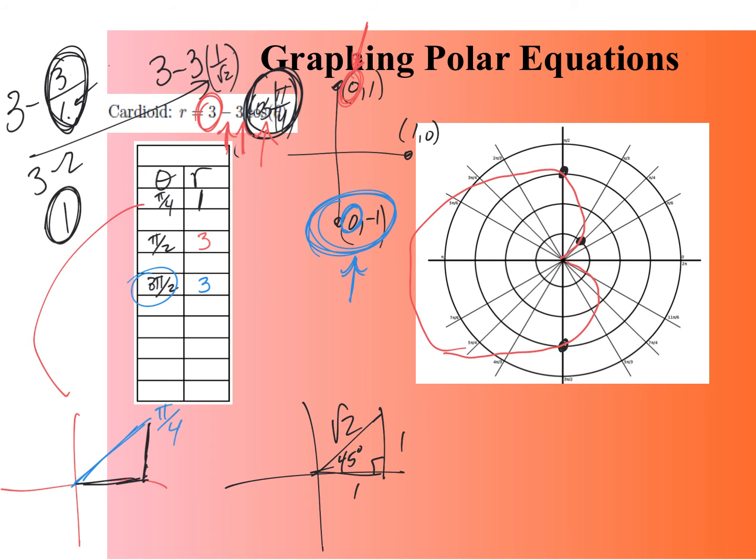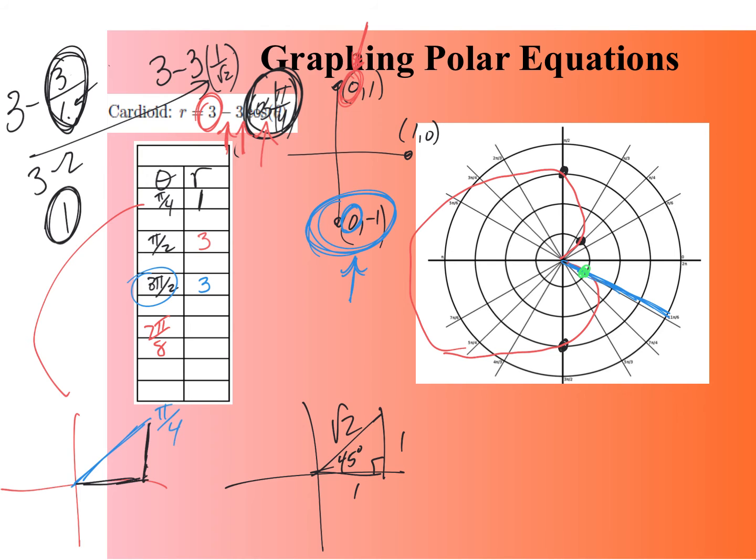So how would I know for sure? Well, I might try like 7 pi over 8, because that'll shoot out this way. And that'll tell me if I have a point that's kind of right about here-ish, I'll be like, yay, I was guessing right.